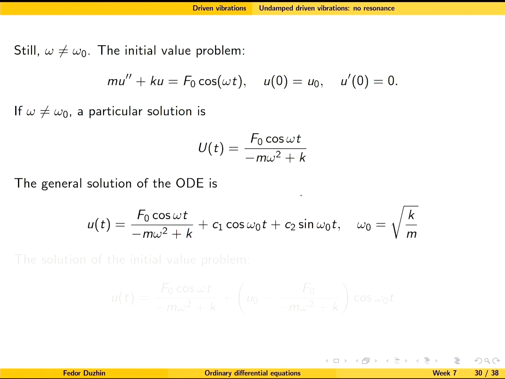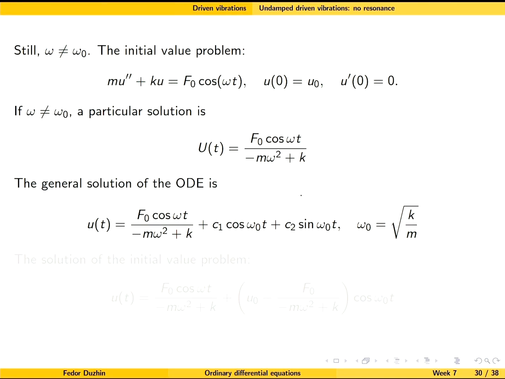So it only works when omega is different from omega naught. And so then we have the general solution of our differential equation. You see it is a combination of oscillations with frequencies omega and omega naught. So there are two different frequencies, and if you plot it, it's going to be some kind of periodic function.